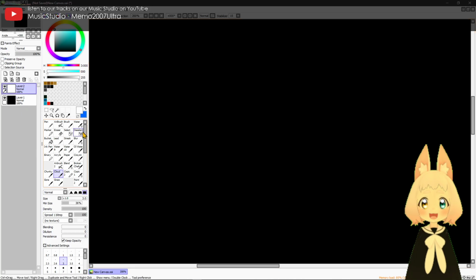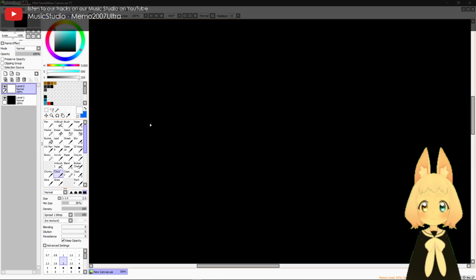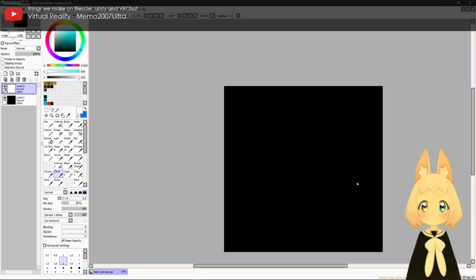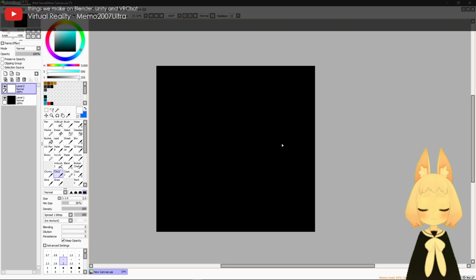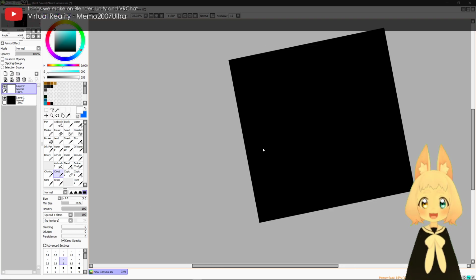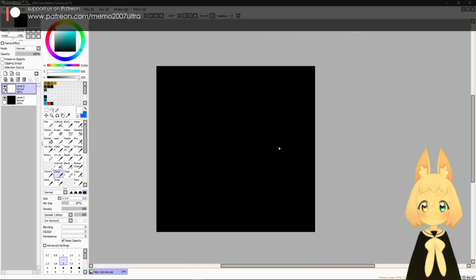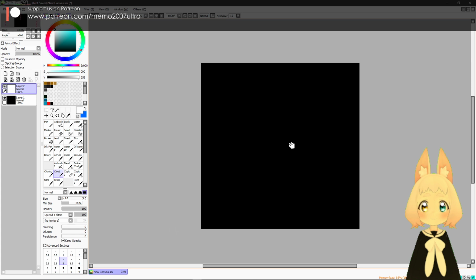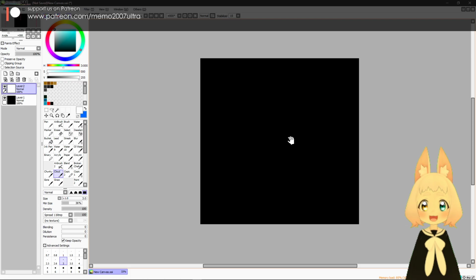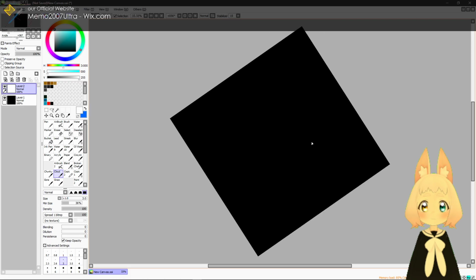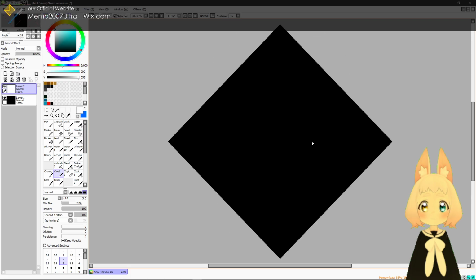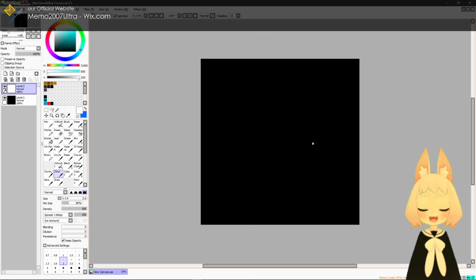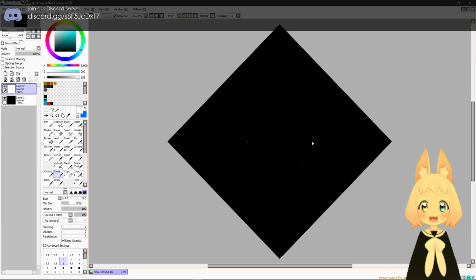Now, the question will be something like, how can I draw a circle? Will it work? If I keep on pressing delete, yeah, it will start spinning. Okay, this is weird, but it might work.